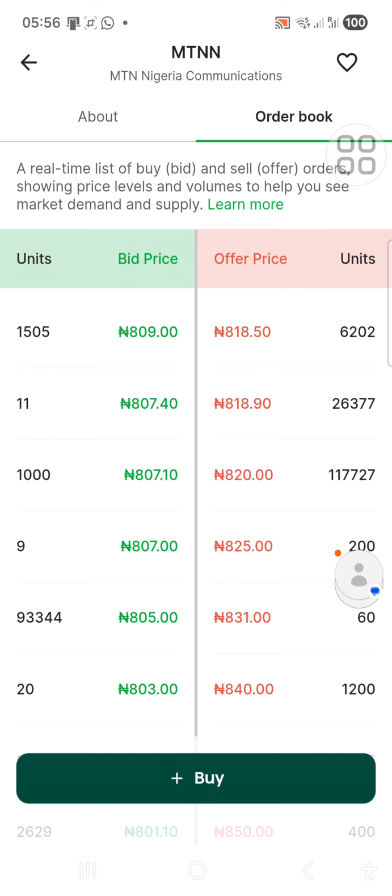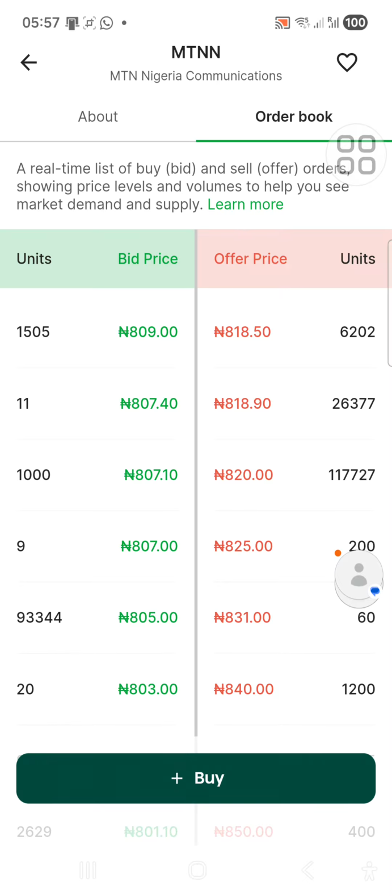You may have to wait for a few days or even more than a few days, because nobody is offering that price, 815 naira. But if you bid at 818 naira 50 kobo, then you can get that stock immediately.